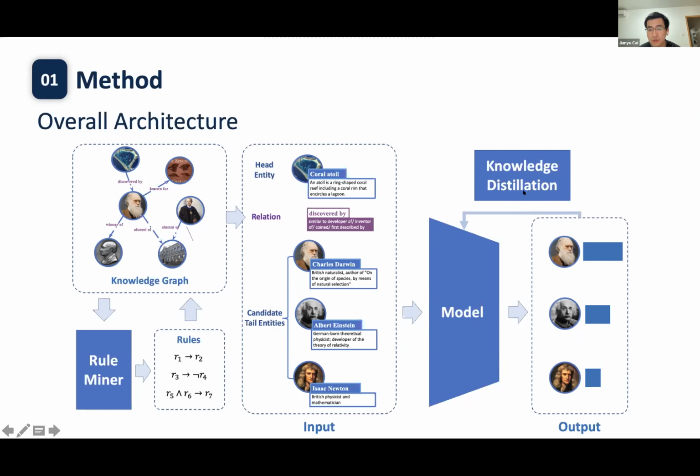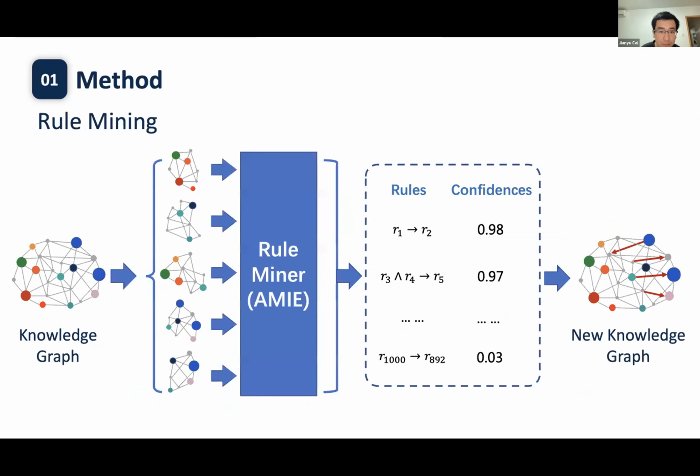The knowledge distillation module takes the output of the candidates as input, and then it distills the knowledge of the ensemble models into new single models. I will repeat this process for several iterations to allow our model to learn new knowledge from the previous ones.